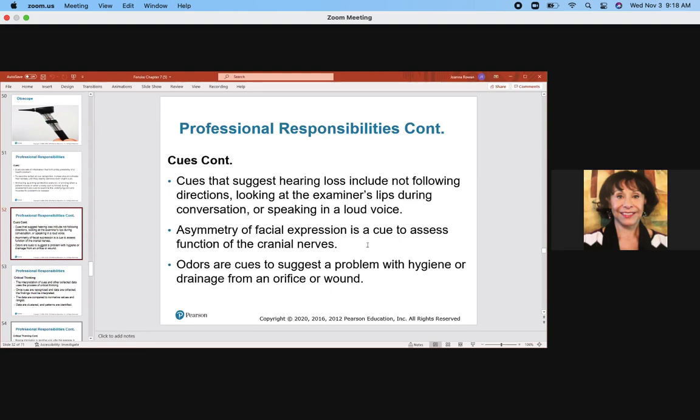Remember, a stroke is a deficit of cranial nerves, and so therefore the lips as well as the face and the eye will be asymmetric to the opposite side whenever the patient is having a stroke or has had a stroke. And so asymmetry of the facial expressions means the eye is droopy and the lips are unequal, uneven, you know.